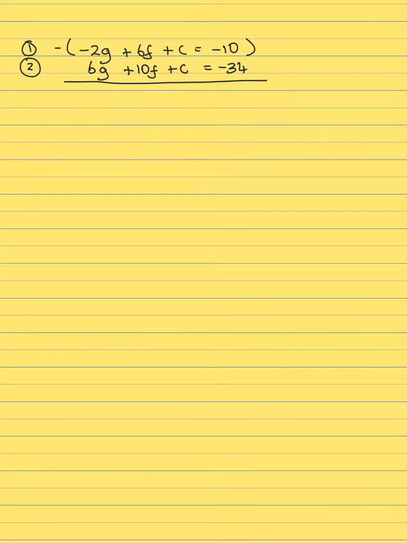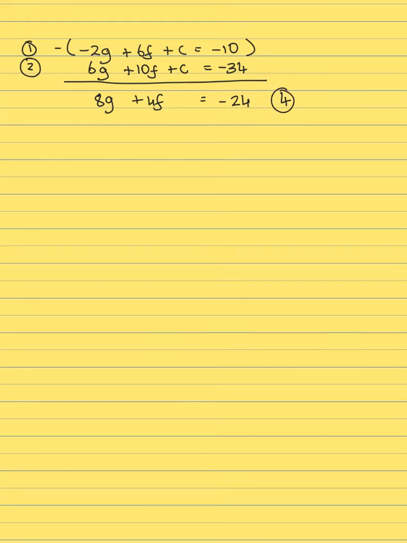So 6g - 2g gives us 8g, 10f - 6f gives us 4f, and c - c is 0. -34 - (-10) gives us -24. And we now have an equation in just g and f. And we can call this equation 4.